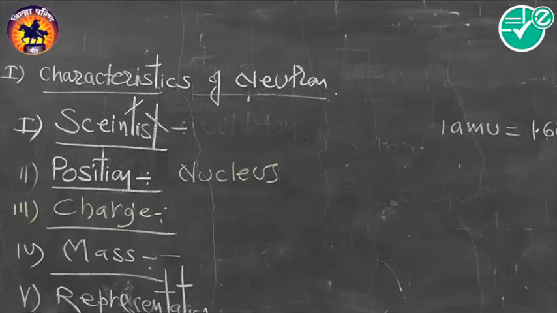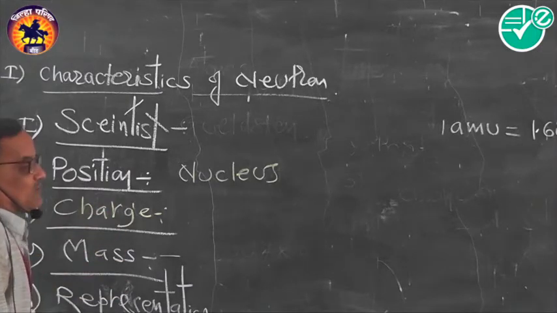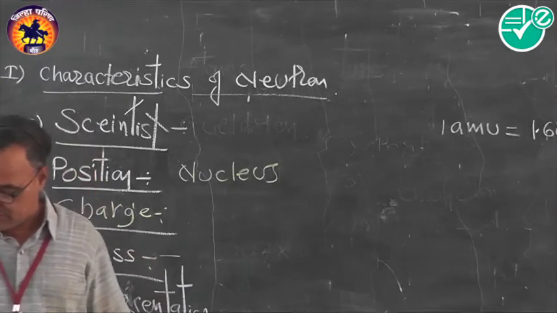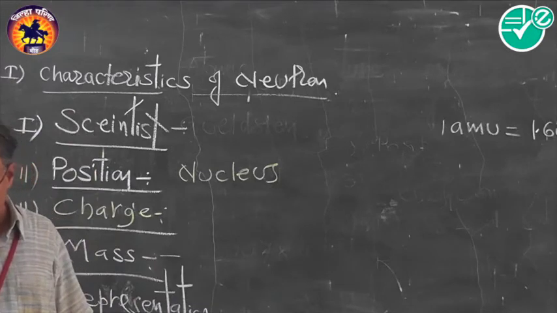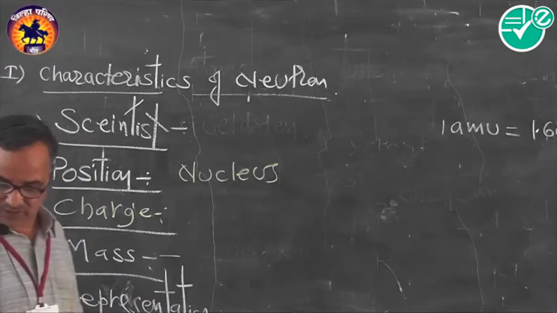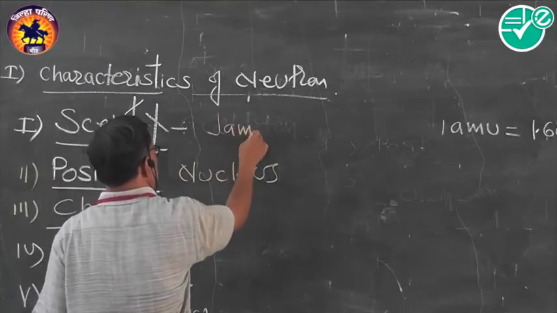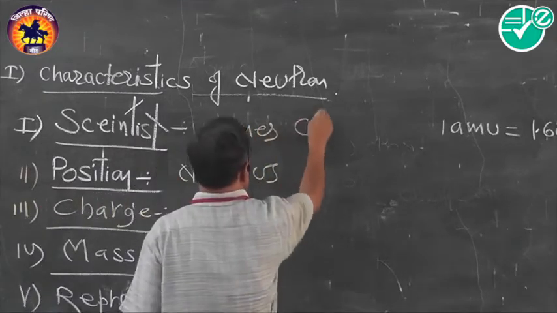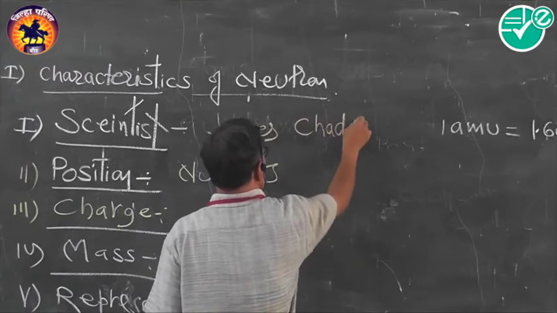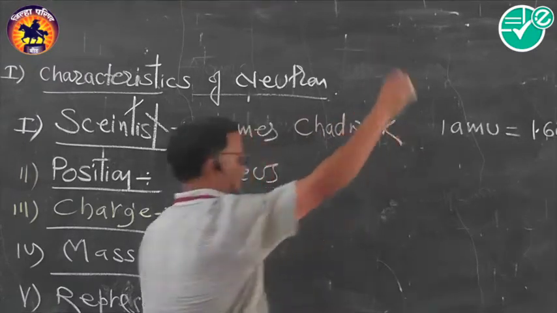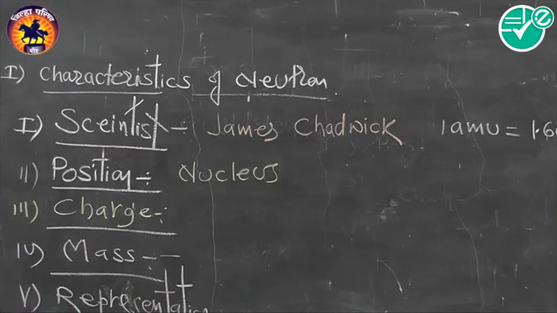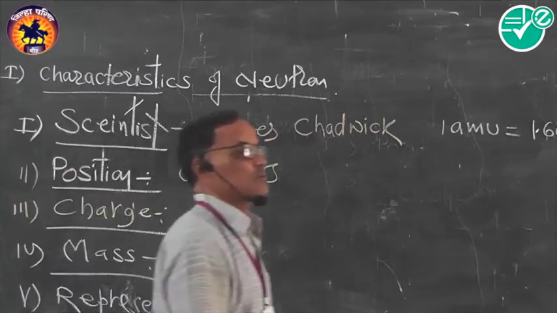So this is the study about the neutron. The concept of the subatomic particle neutron was discovered by James Chadwick. James Chadwick explains the characters or special features or discovery of neutron.